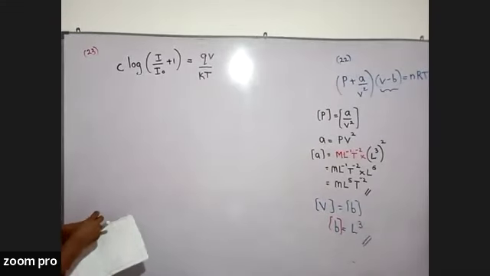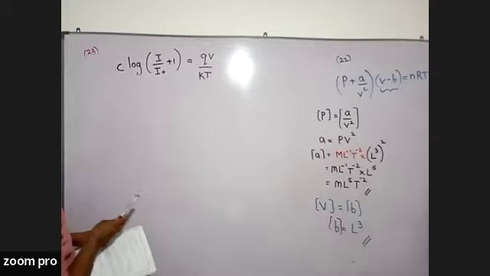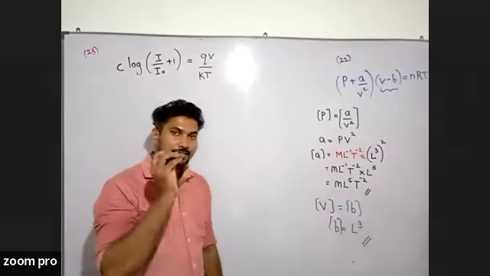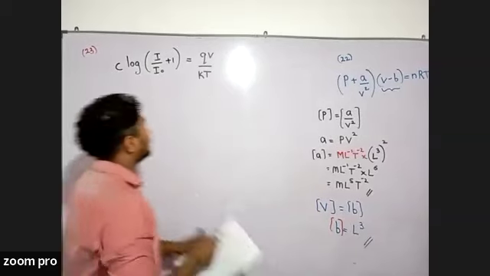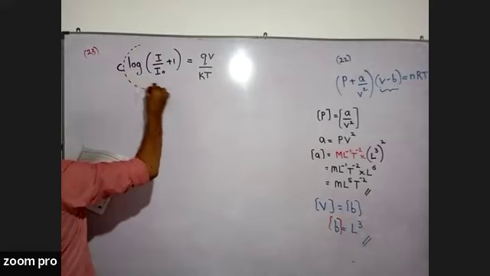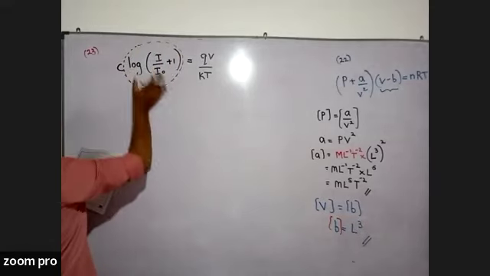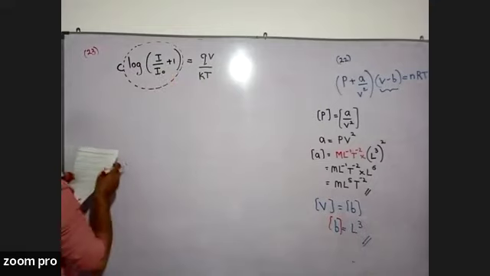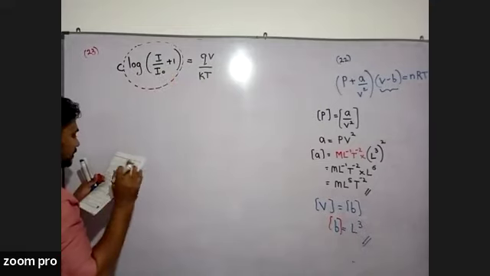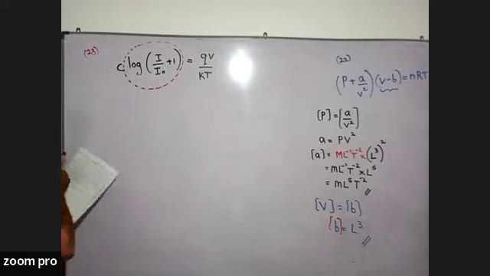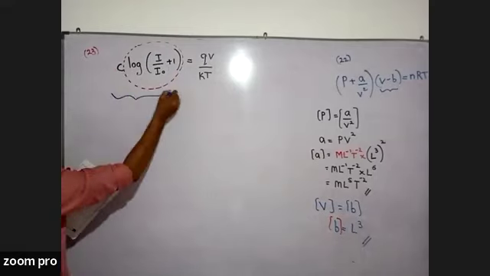So according to the theoretical things that we learned, we know that a logarithm value is dimensionless, isn't it? So this whole term can be considered as a dimensionless one. And in the question, they mentioned that C is a dimensionless constant, right? So you can neglect both of these terms.